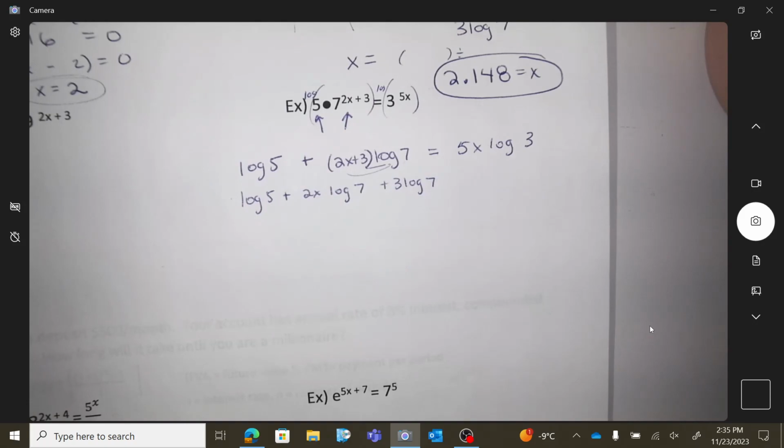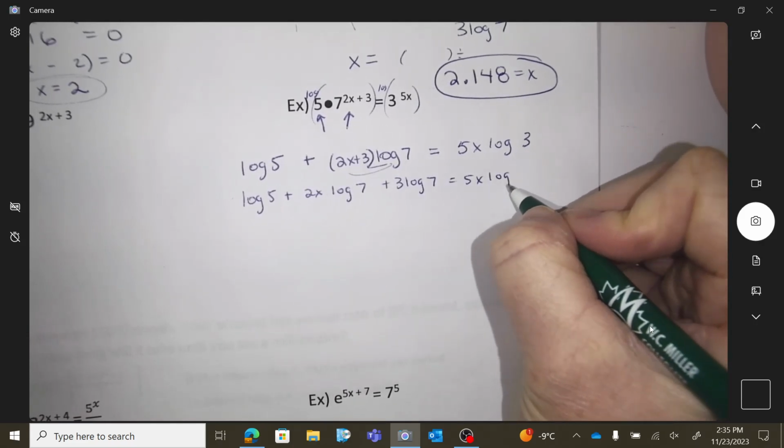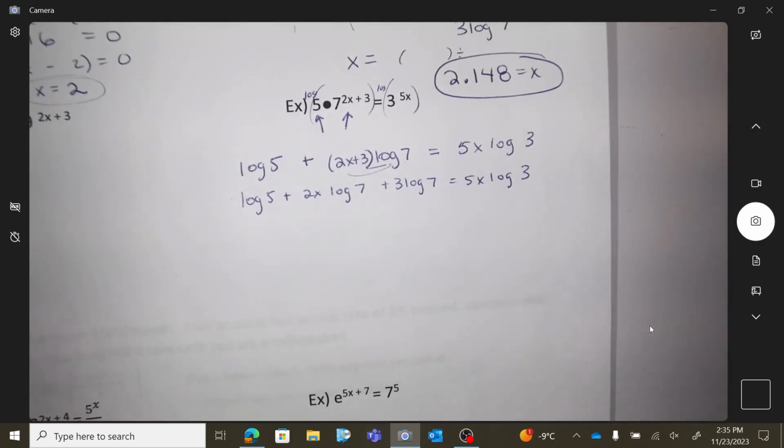Okay, next step is to distribute that. Okay, that's okay.